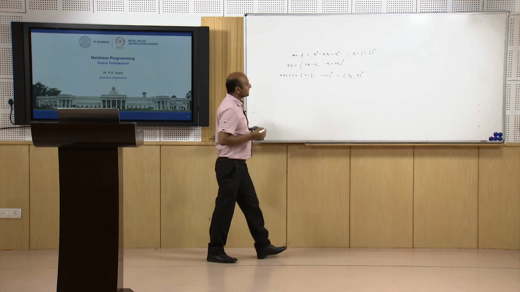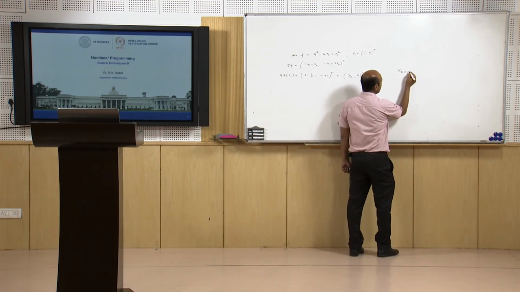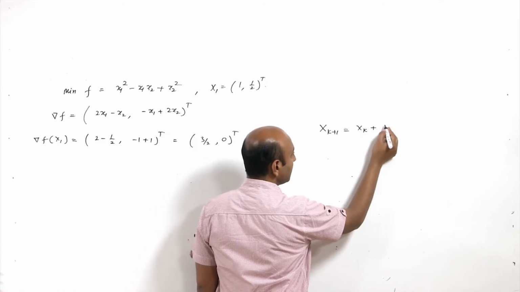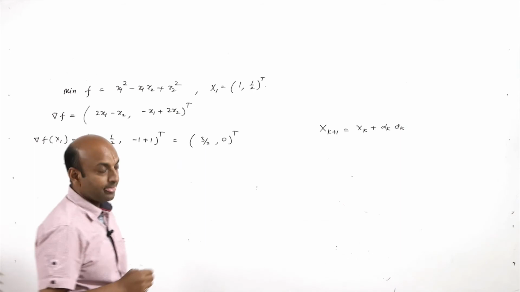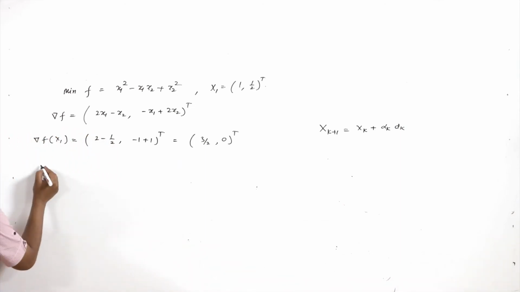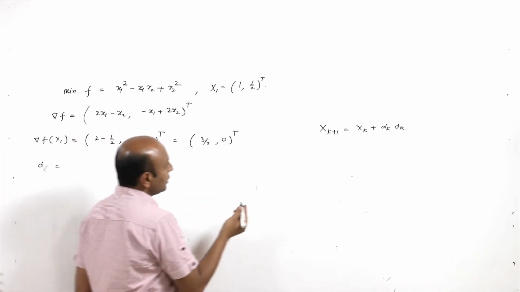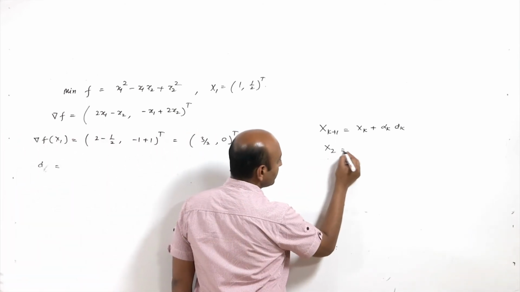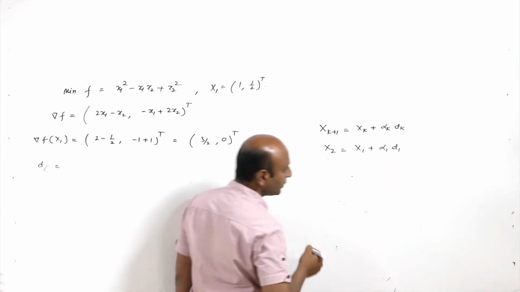Okay. What is the recursive algorithm? It is xk+1 equals xk plus alpha k dk, or sk. Now x2 is x1 plus alpha 1 d1, okay.